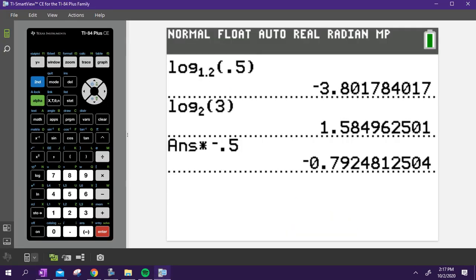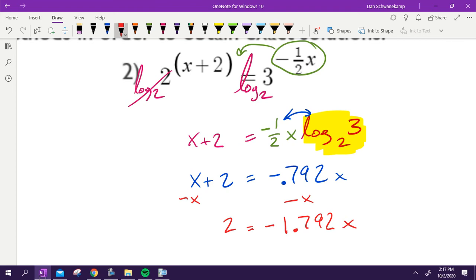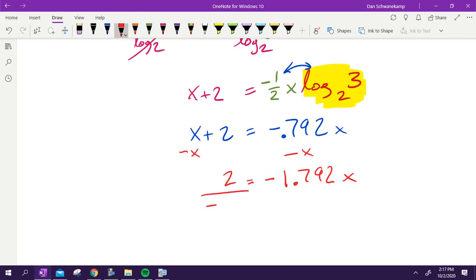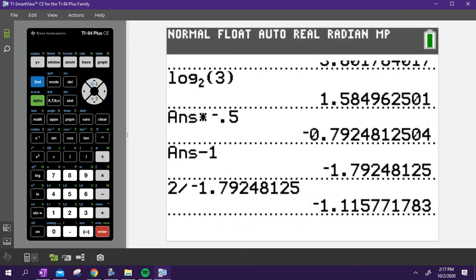In other words, I'm just taking that thing minus 1. It gets me there. If I want to get x by itself, then I need to divide by that number. So I'm dividing this by this negative 1.792 number. That's what's going to get me x by itself. So in my calculator, I'm taking 2 divided by that thing right there. Hit enter, negative 1.116.